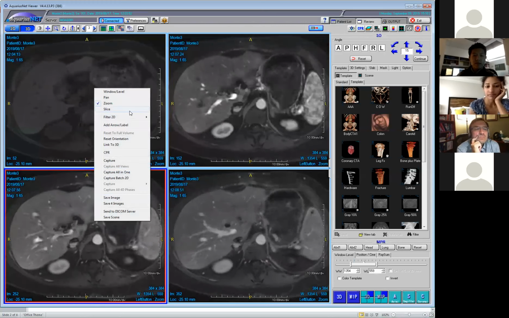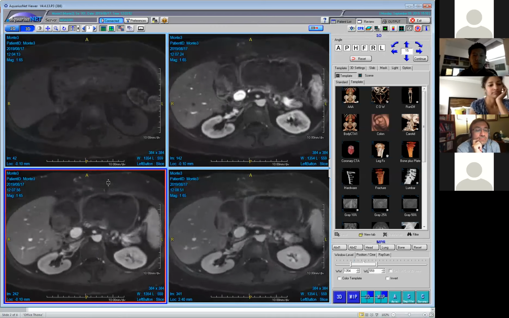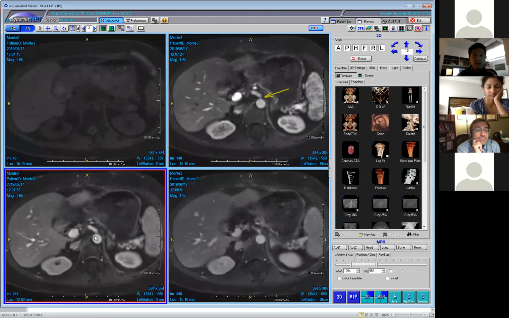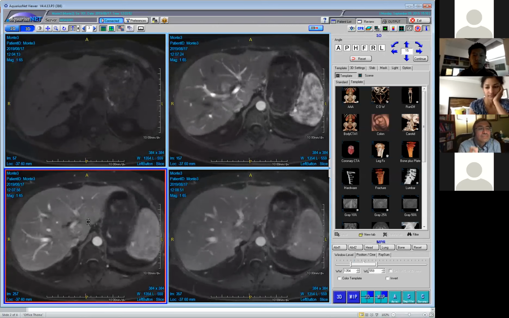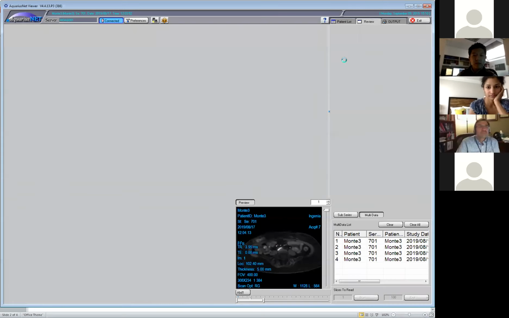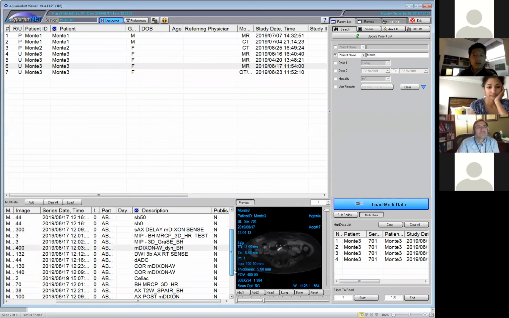So, I was prepared to actually dictate it as a celiac stenosis, and as a result, there would be a problem with inflow into the hepatic artery.